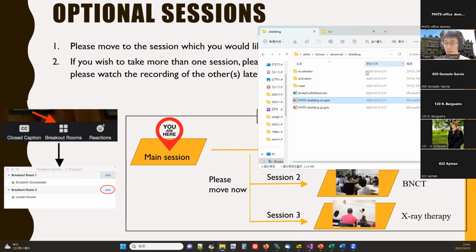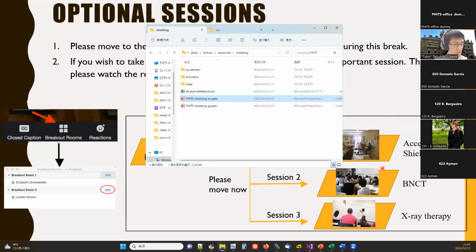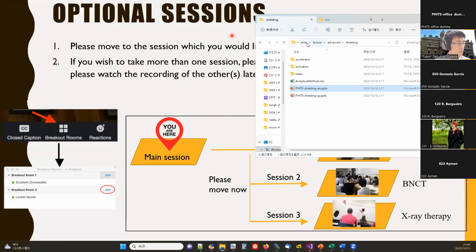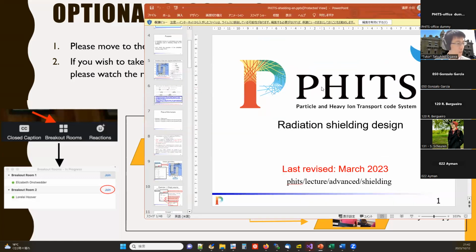Just in case, I'm going to be the speaker in this main session. I'm Tatsu Ogawa, one of the FITS development members. To go on to the content of accelerator shielding design, please go to the folder FITS Lecture Advanced Shielding and open the PowerPoint slideshow.